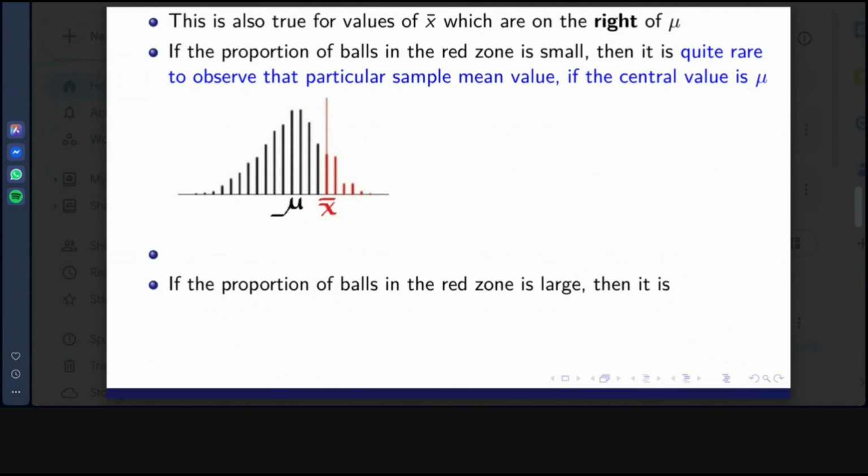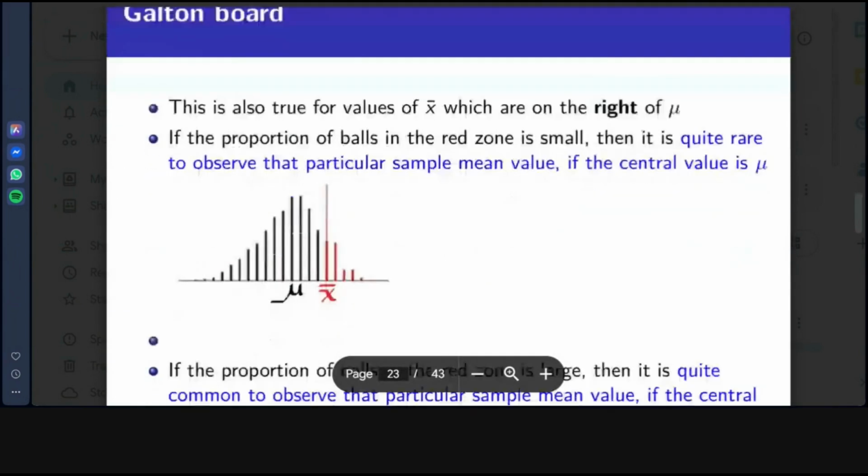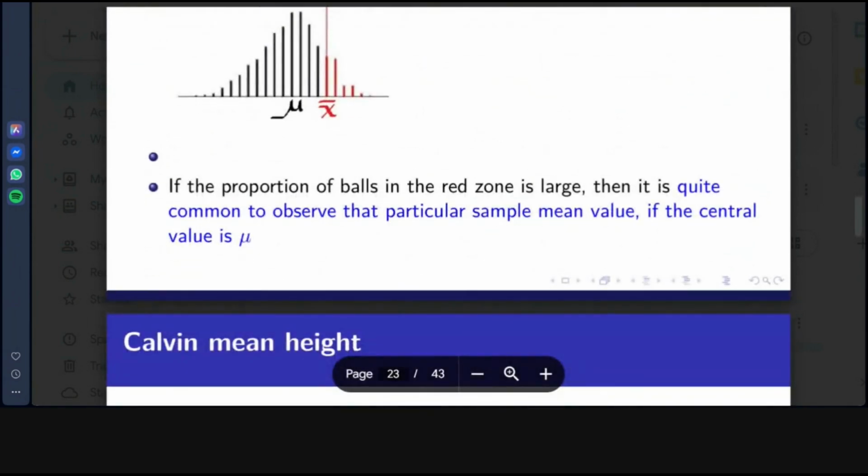It's larger than the center, so it's on the right. So you can check: if there are not many balls on the right side of x bar, then it means that that value of the mean is quite rarely observed. However, if there are many balls on the right side of the x bar, it means that that value is quite common to be observed on the Galton board.